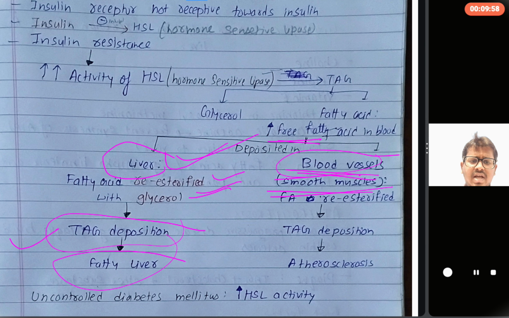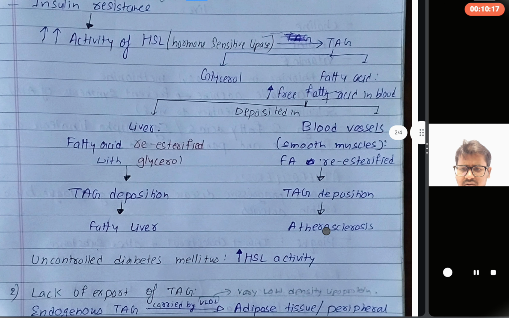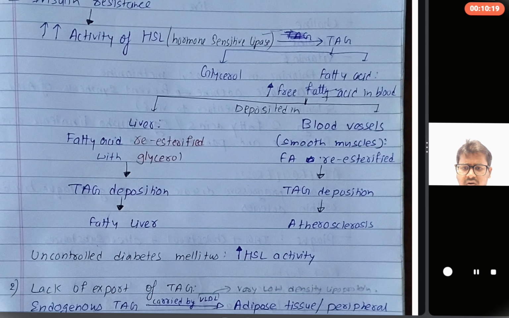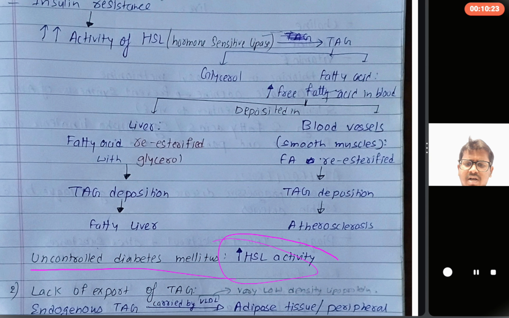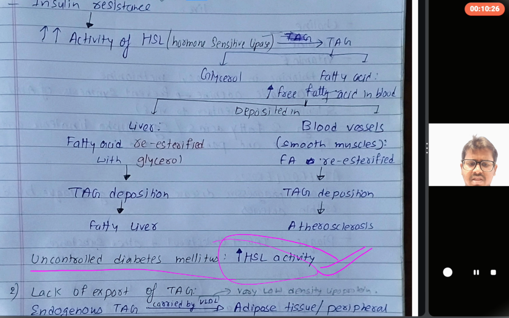If there is increased free fatty acid in blood vessels also, fatty acid is re-esterified and TAG, that is triacylglycerol, is deposited, and that can lead to atherosclerosis. Uncontrolled diabetes mellitus also increases hormone sensitive lipase activity.